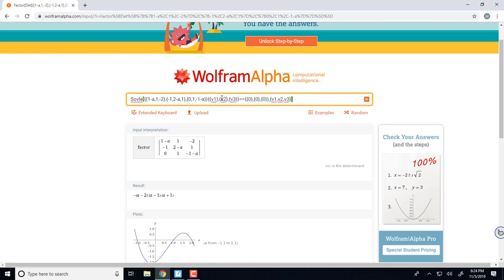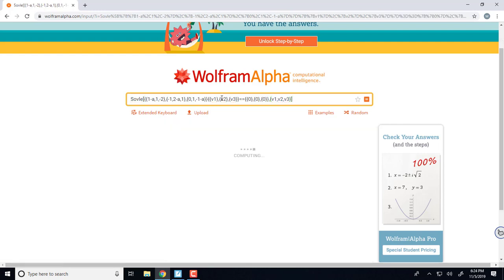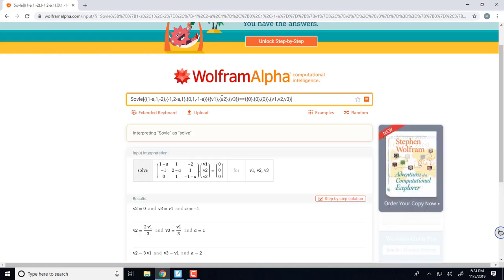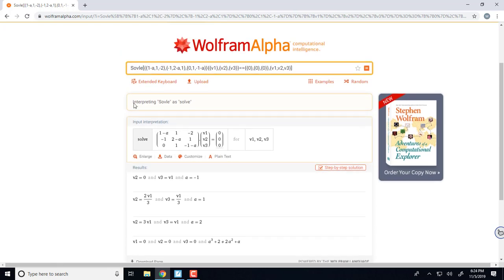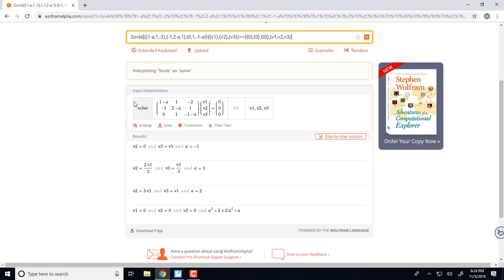I can't remember what I get if I just do this. Maybe this is helpful, maybe not. Solve. Oh great, this did the whole thing. That's pretty slick. It said for your first eigenvalue, this is the corresponding eigenvector.